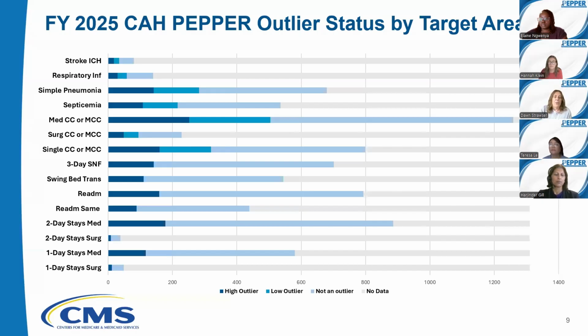The darker bars represent the high outliers. The medium blue bars represent the low outliers. The lighter blue bars represent those that were not an outlier, and the gray bars represent hospitals with no reportable data for that target area. Remember, only the coding-focused target areas report on the low outliers.